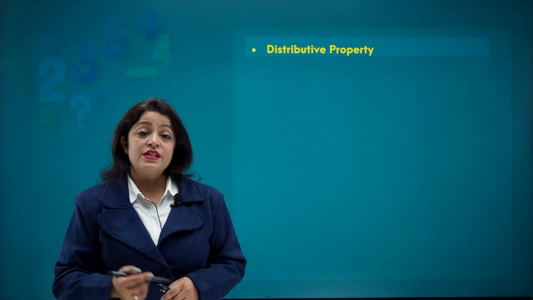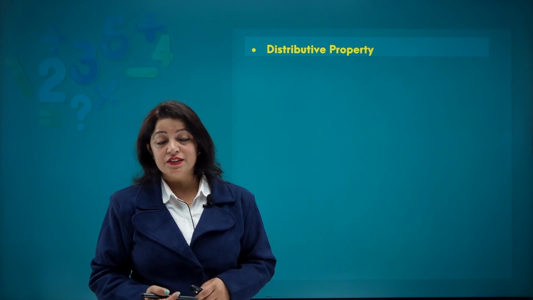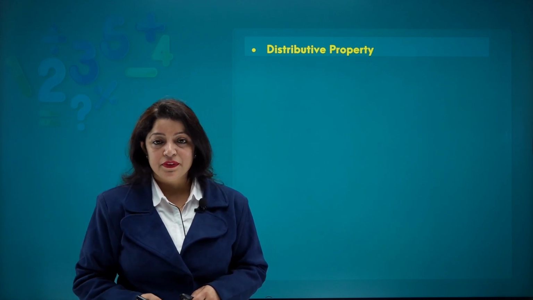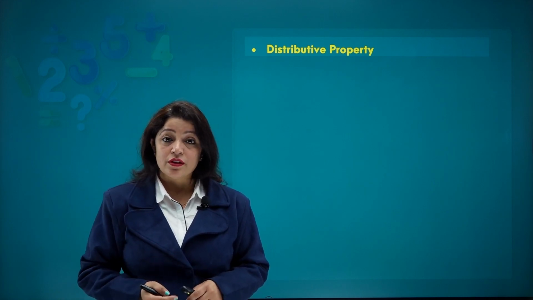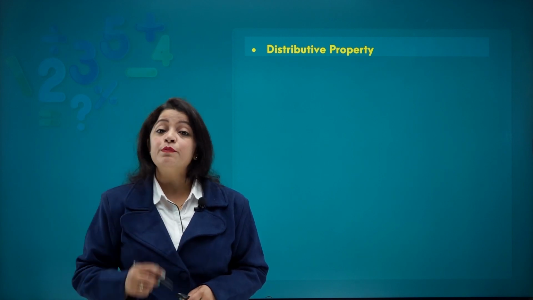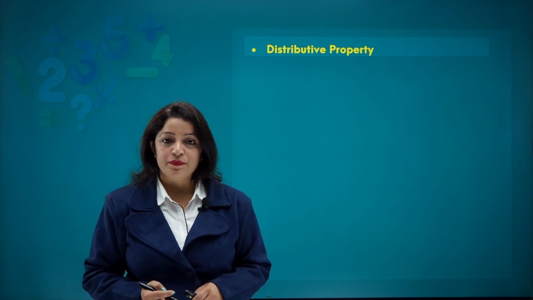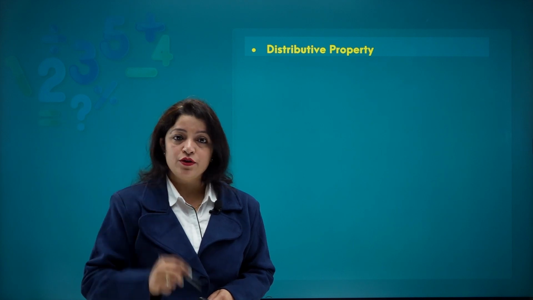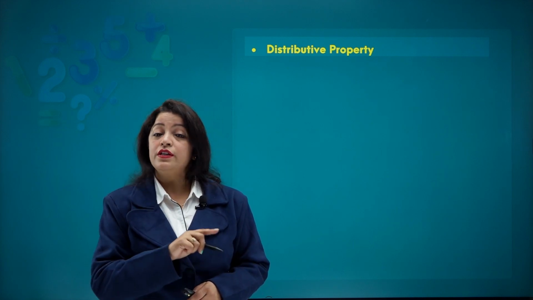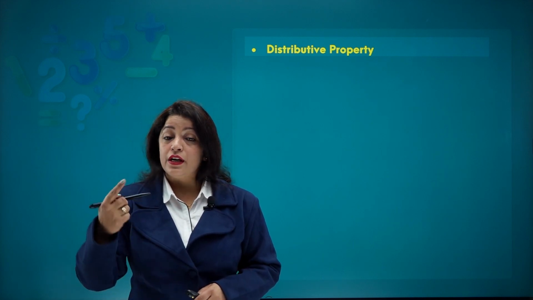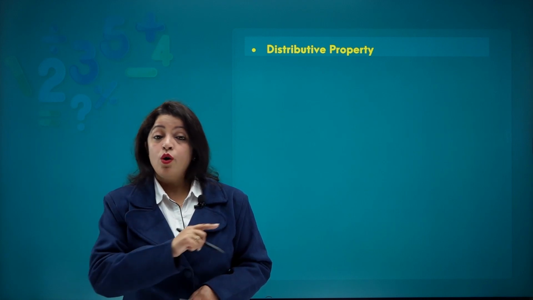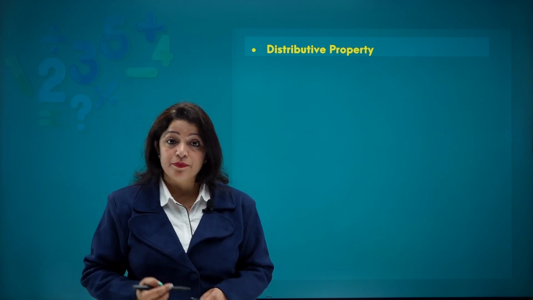Now, we'll start with the next property, that is distributive property. It is again applicable for integers, but it is a bit different from commutative and associative property. In commutative property for addition, all the numbers were getting added. In associative property for addition, all the numbers were getting added.